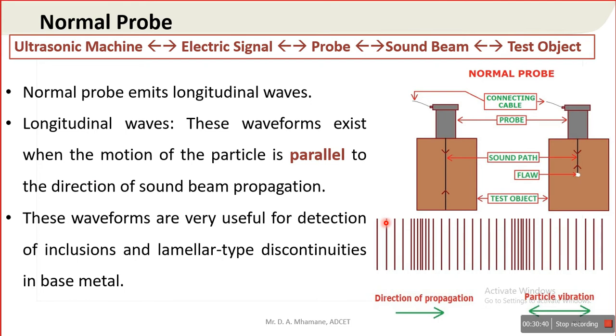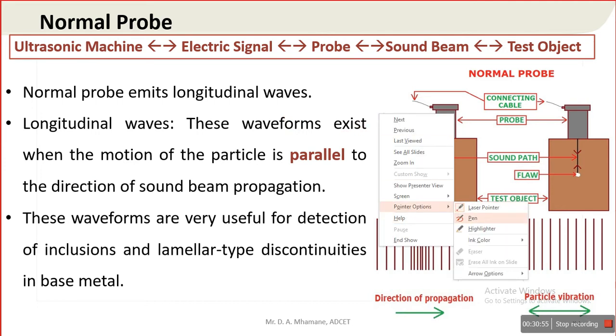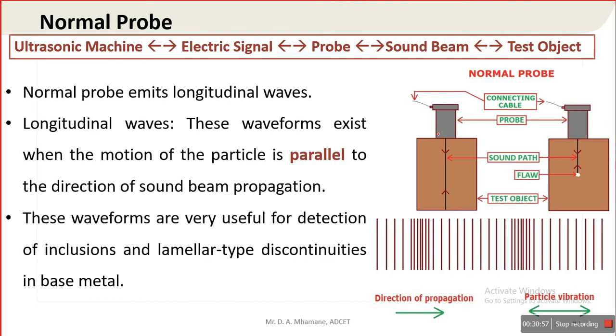And if you consider the dual crystal probe or TR probe, two different crystals are used in this. So this is the first one and this is the second one. Two different elements are used inside the probe.